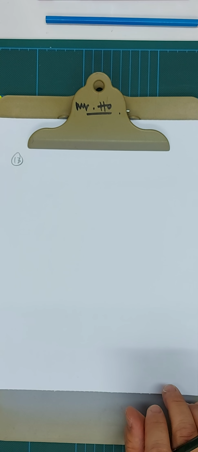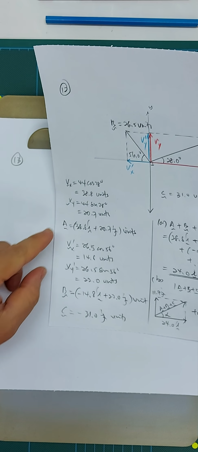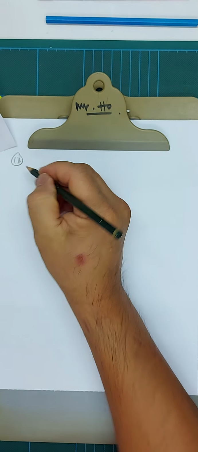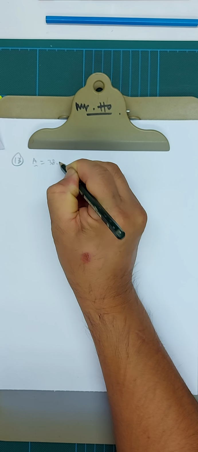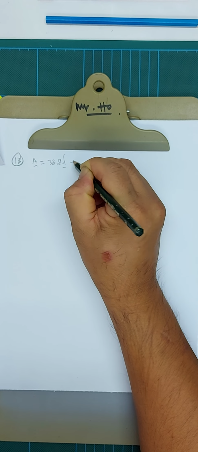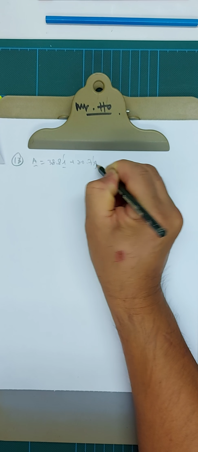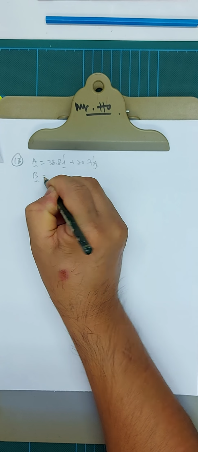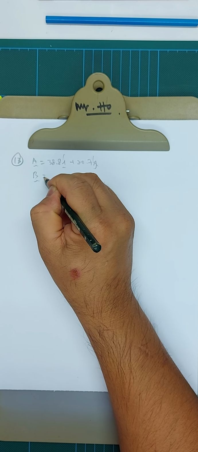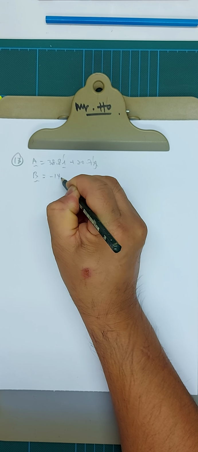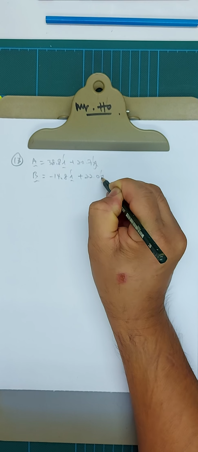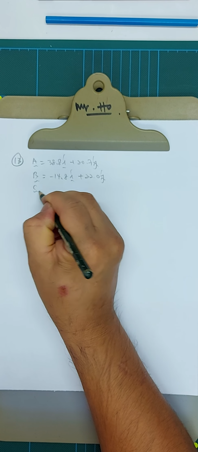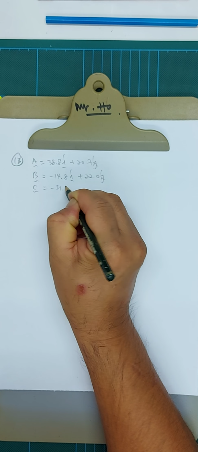So we're going to reuse the values for the components. We already know that our A is equal to 38.8i plus 20.7j, and our B is negative 14.8i plus 22.0j, and our C is negative 31.0j.